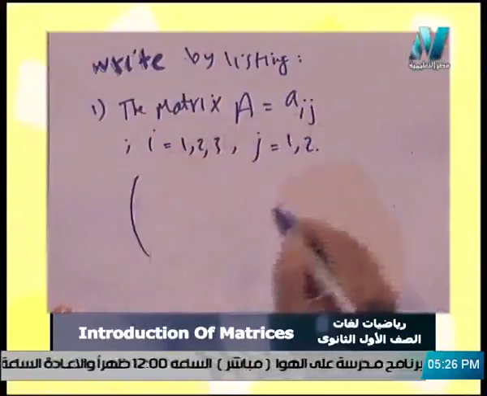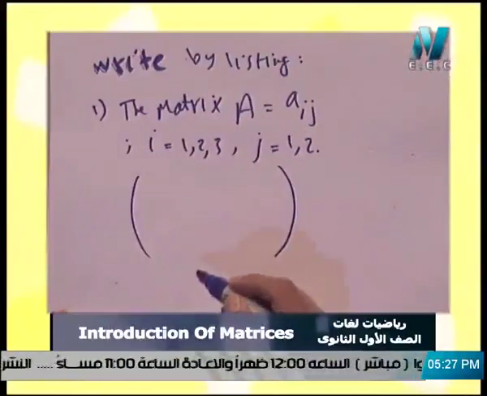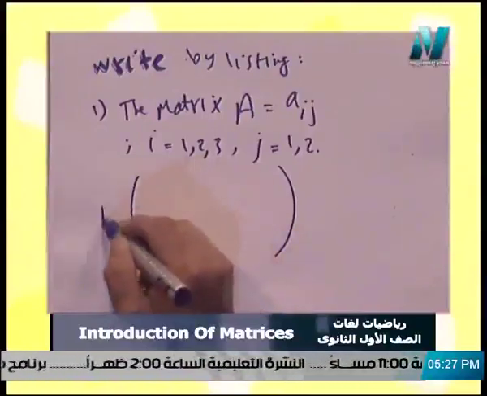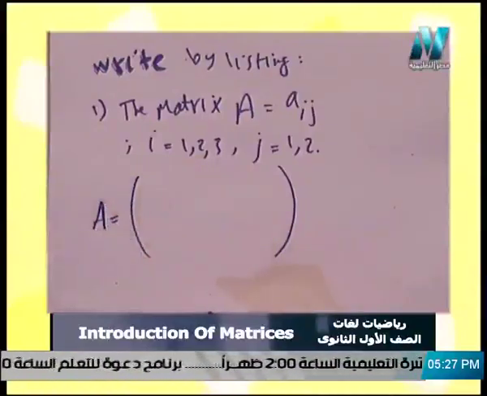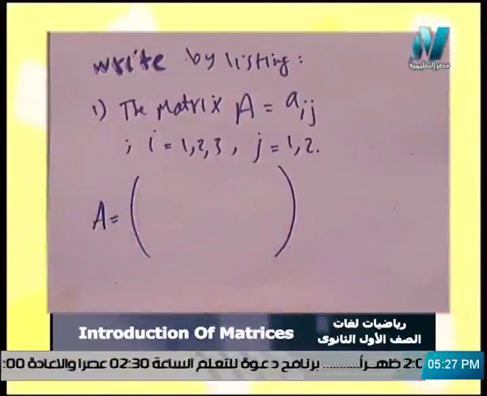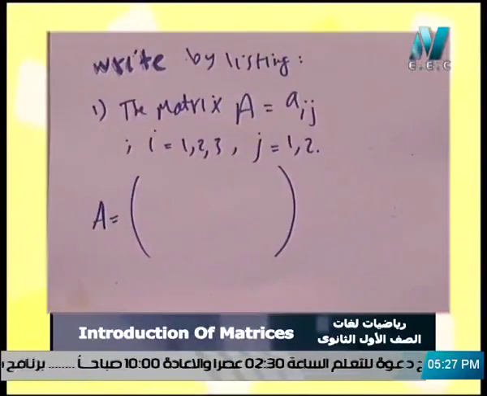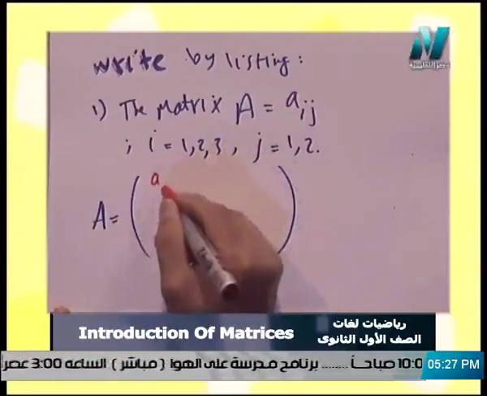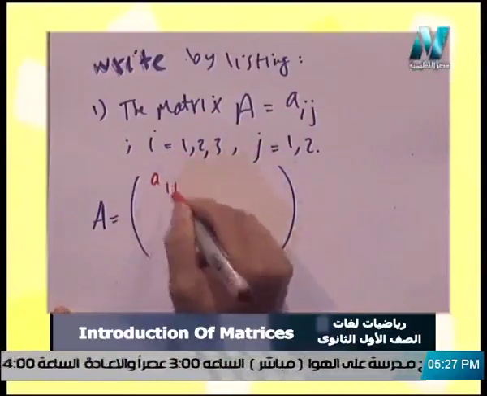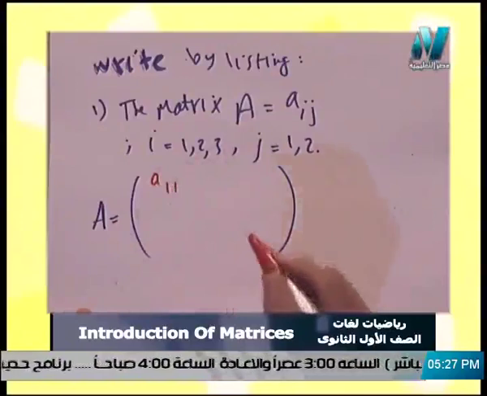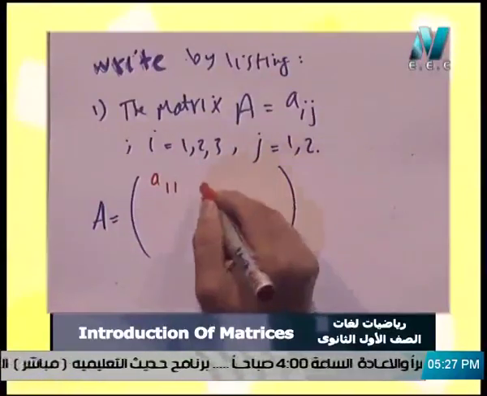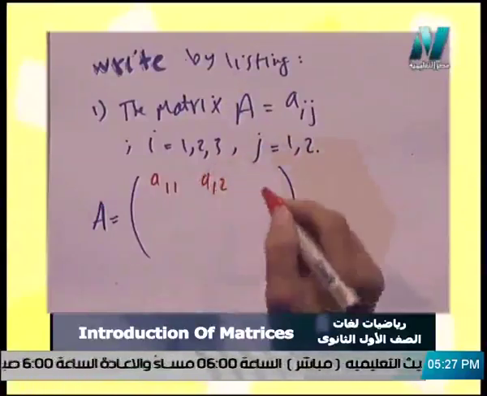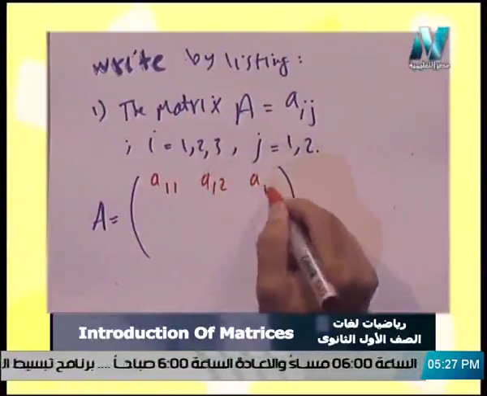We will draw here 2 parentheses like that, and we have the capital letter A for the matrix, and we will write here a11, here a12, and a13.